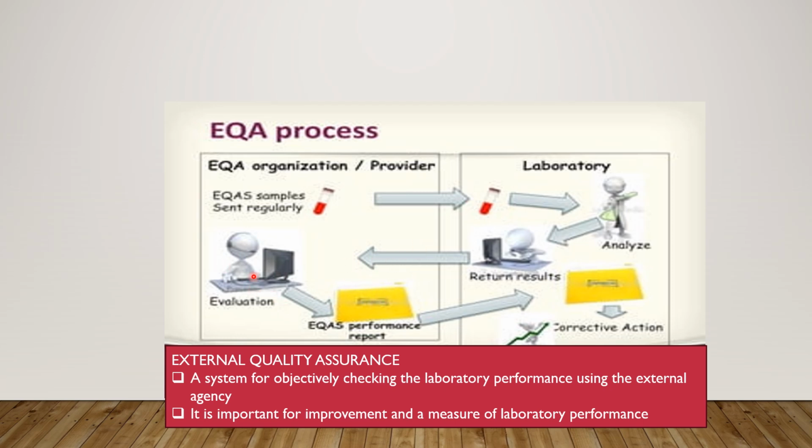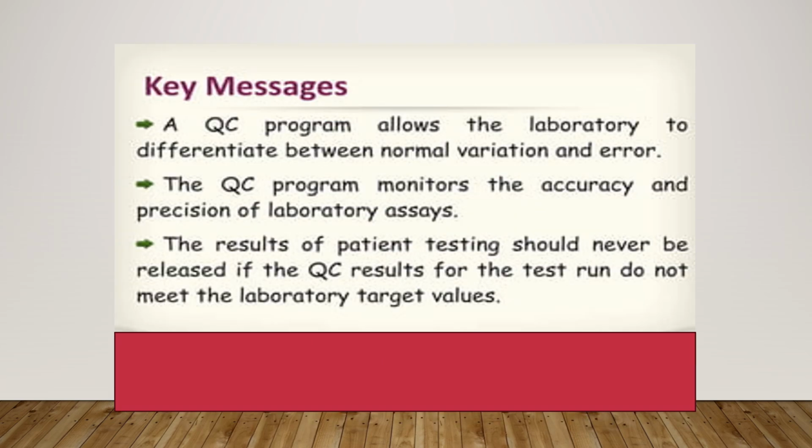They evaluate and compare with the actual value, and then prepare a report of external quality assurance performance. If the report is good, well and good, but if it needs some improvement, corrective actions are instructed to be taken by the laboratory. So this is about the external quality control program.